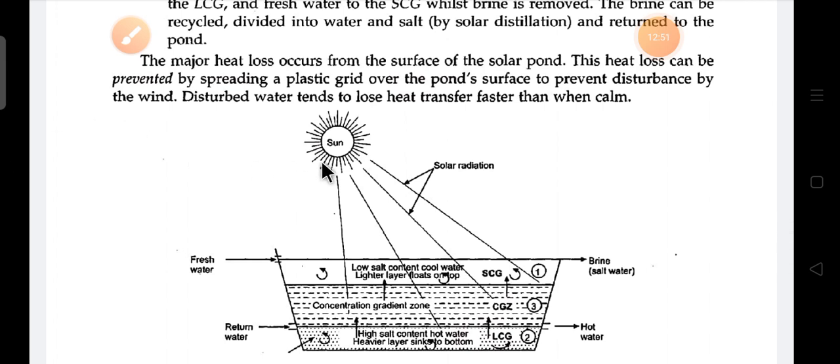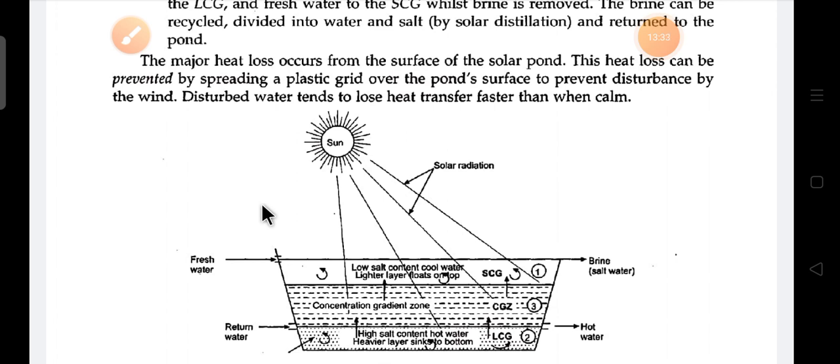The major heat loss occurs at the surface of the solar pond, due to the blow of air touching the surface of the pond and cooling down the water. We can prevent that loss by spreading a plastic grid or plastic polythene on the surface of the pond, and then the loss is reduced.